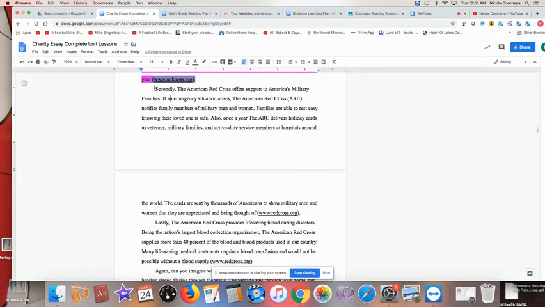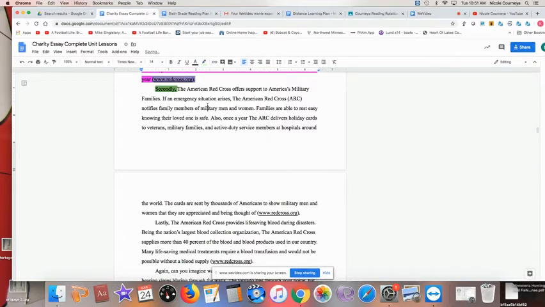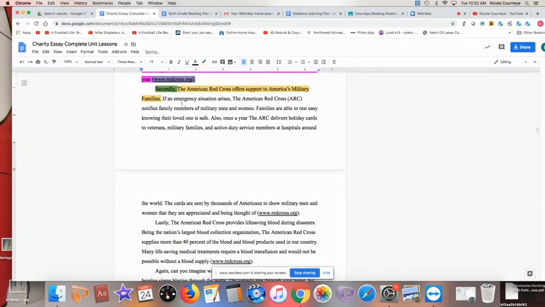All right, so do I have stoplight colors? Transition. Do I have a topic sentence? Is this whole paragraph about how the American Red Cross offers support to military families? Absolutely. I did not go into any details in that sentence yet. This is where I start my details.